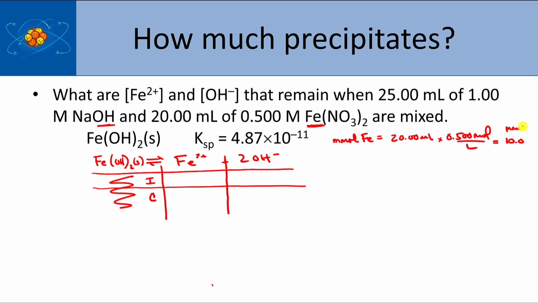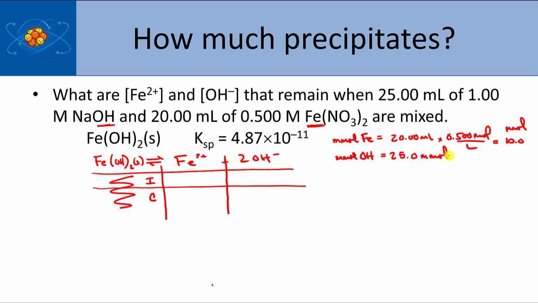I didn't leave enough room, but I might run out of space, so I'm going to cram it all into a corner. Now, for the hydroxide, same kind of calculation. And in order to do that, I have, let's see, 25 times 1. So that's 25. Nice. 3 sig figs. All this is 3 sig fig stuff.